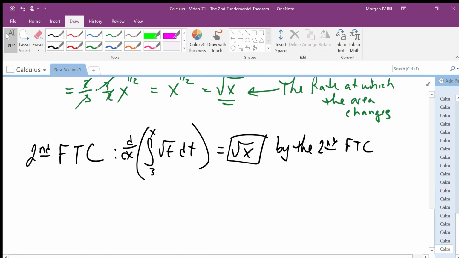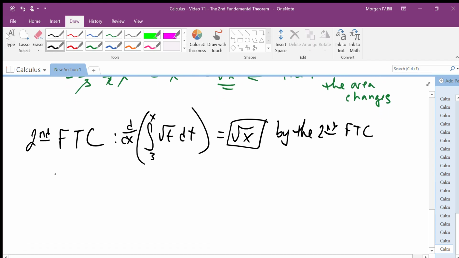If we want to write this out in more of a general form, the second fundamental theorem of calculus says this: the derivative of the integral from some constant a to x. I'm going to pause there. Notice it didn't really matter what constant a I started with.